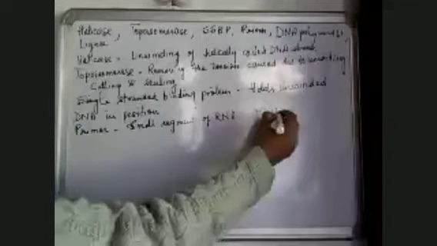Then we have DNA polymerase. DNA polymerase is the enzyme which helps in adding nucleotides to the new DNA strand.